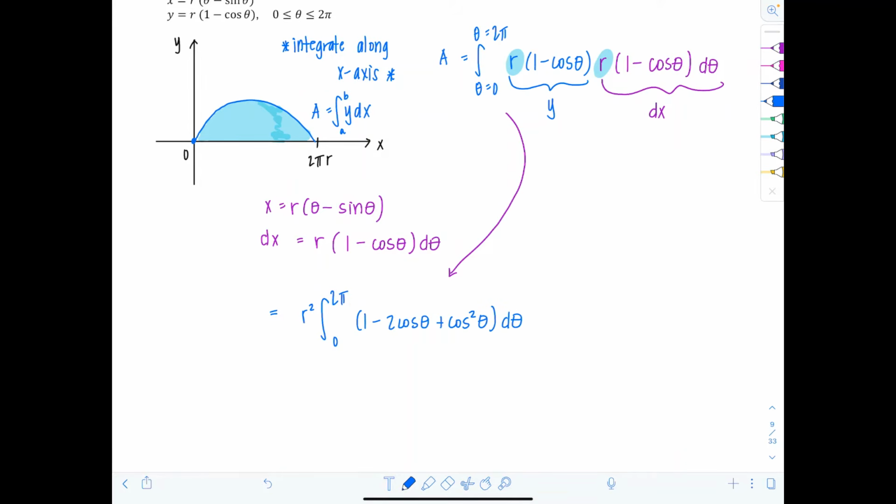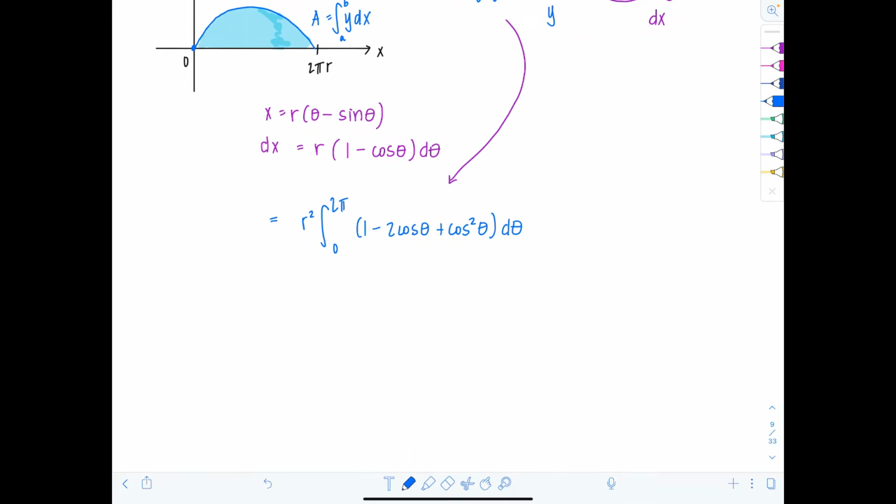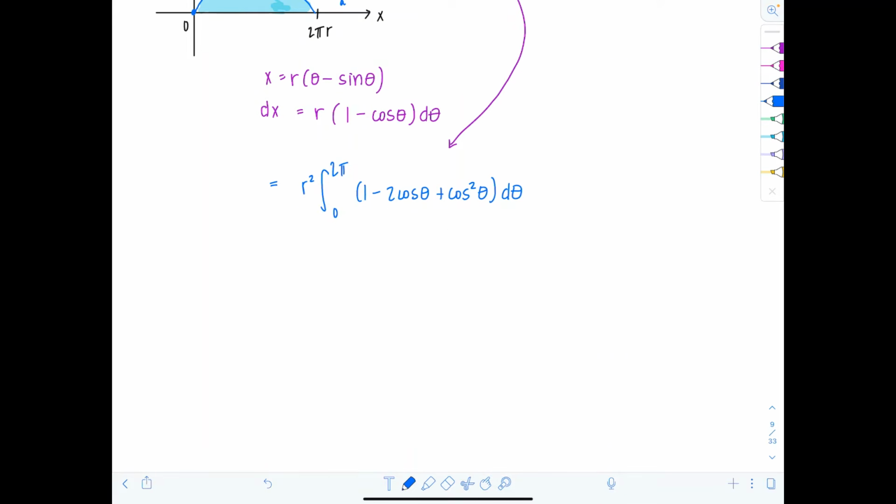Ooh, let's see if you remember how to integrate this from so long ago in the semester. So 1, I can anti-differentiate that. 2 cosine theta, not a problem. What do we do with this cosine squared theta? Correct, we're going to replace it with 1/2 times 1 plus cosine 2 theta. Very nice.